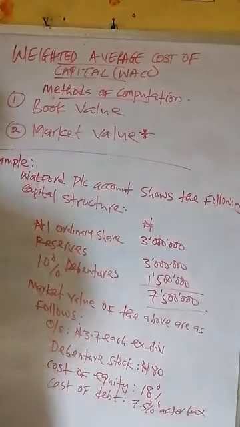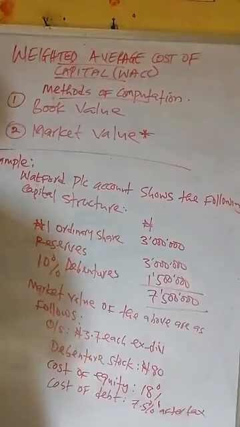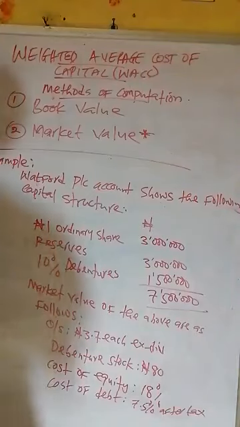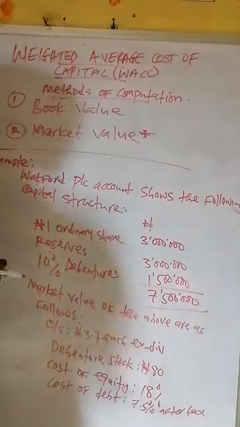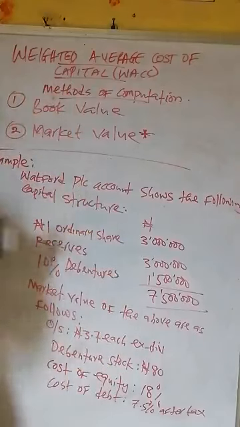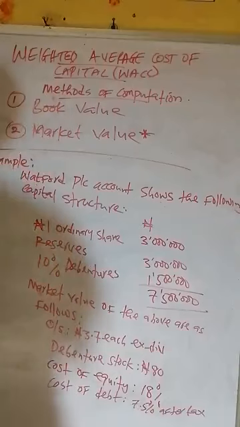So you are required to compute the company's WACC using book value and market value. This is the question. You have to compute the company's WACC using book value and market value.